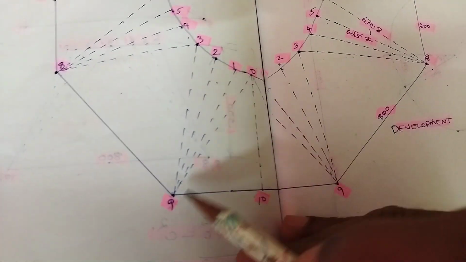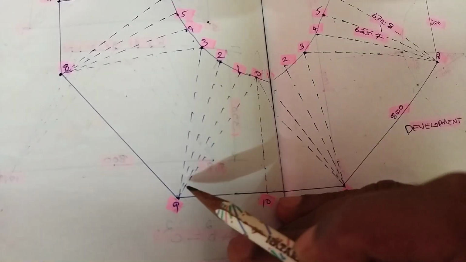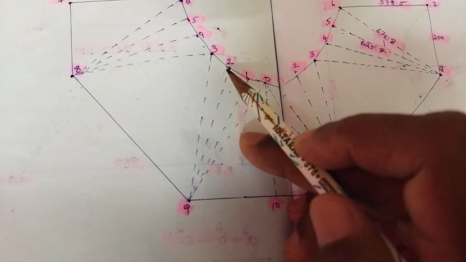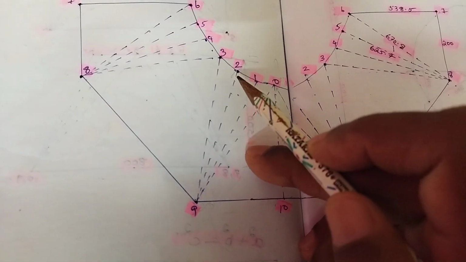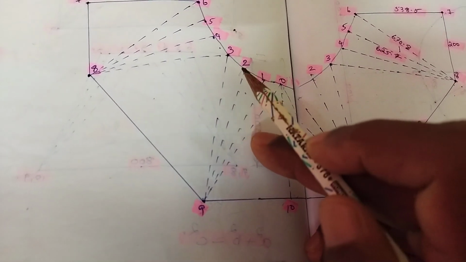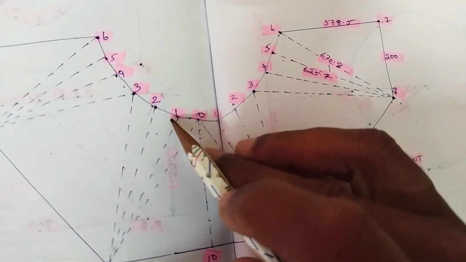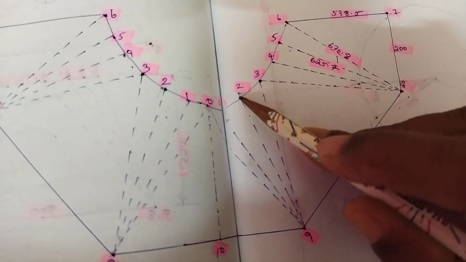For that purpose, whatever measurement we have drawn from 9 to 1, the same measurement is to be drawn from 9 to 2. For crossing 9 to 2, the 1 to 2 measurement we know, 104.7. It is to be crossed. If we have drawn 2, the same 2 has to be drawn here.